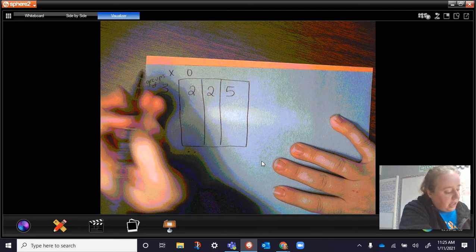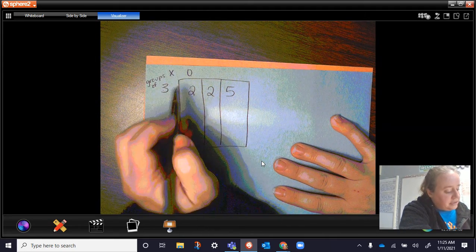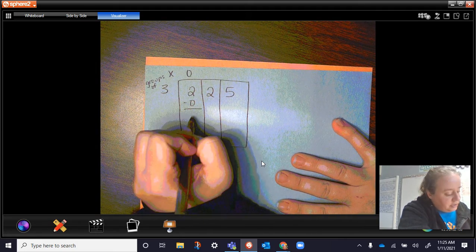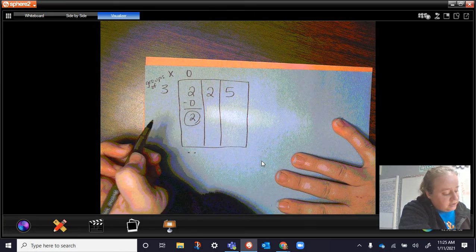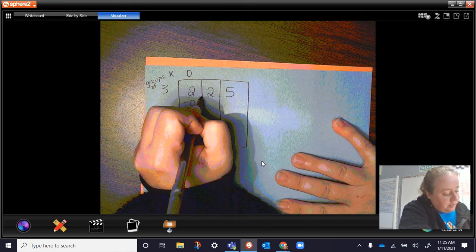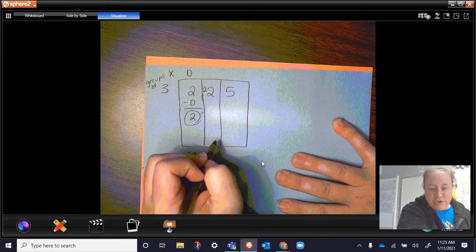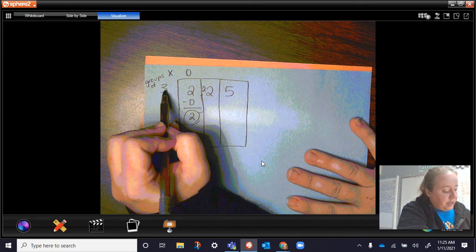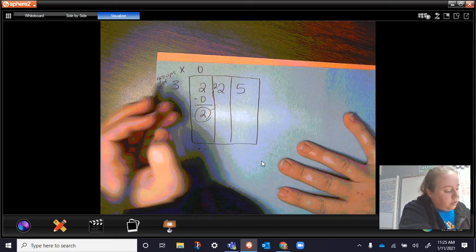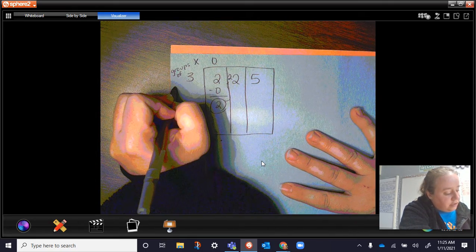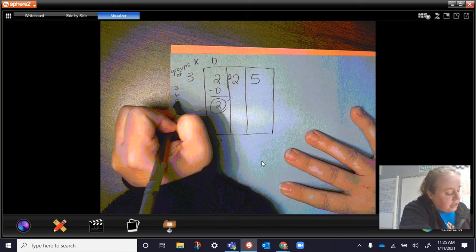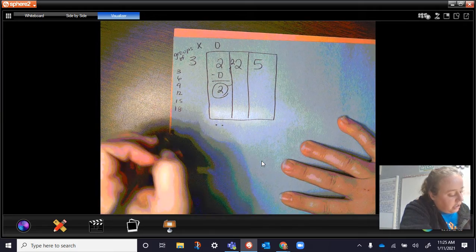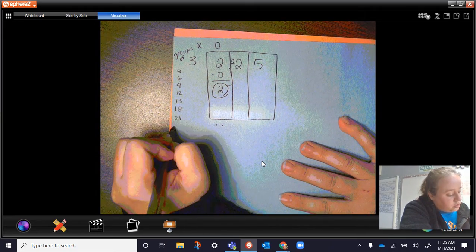Then we're going to multiply 0 times 3 is 0. Subtract. 2 minus 0 is 2. I'm going to take this 2 and bring it up and put it in front of the 2 in the middle box. Then I'm going to ask myself again, how many groups of 3 are there in 22? Well, over here, if I do my groups of 3, that's 3, 6, 9, 12, 15, 18, 21, 24.